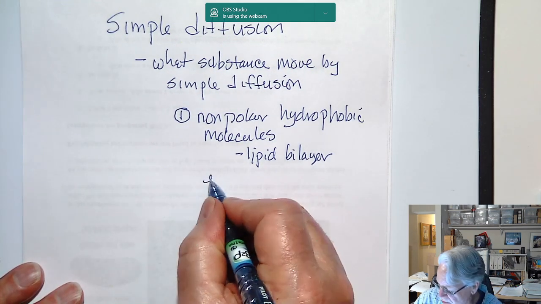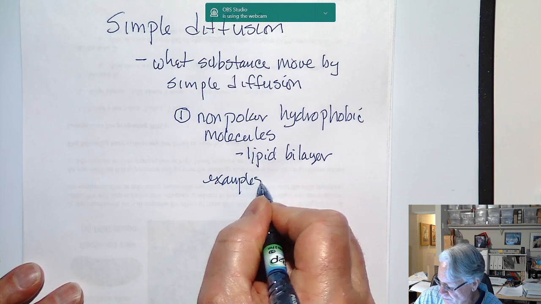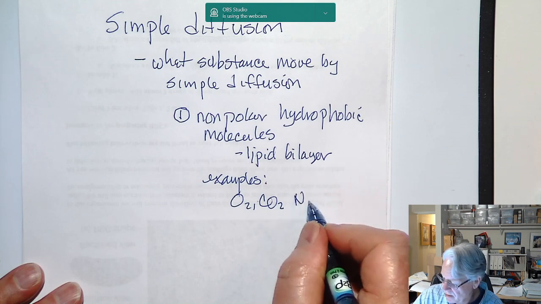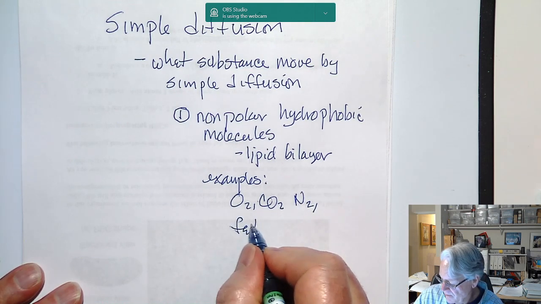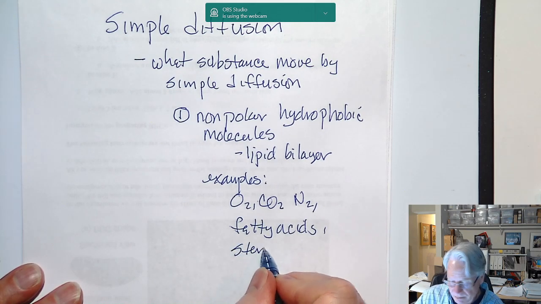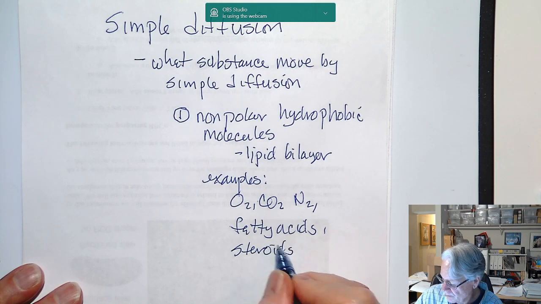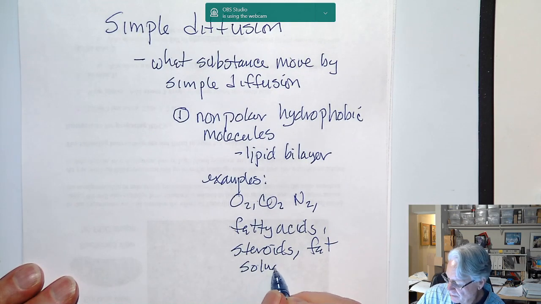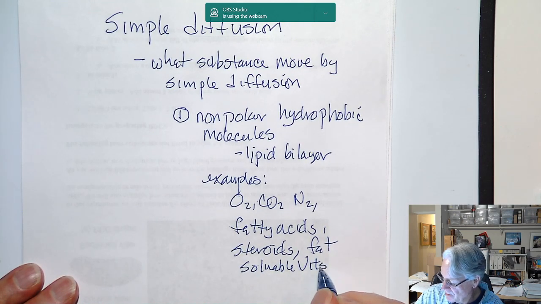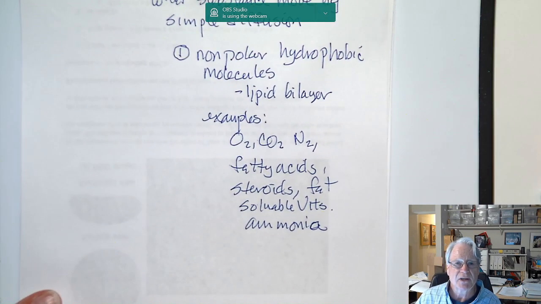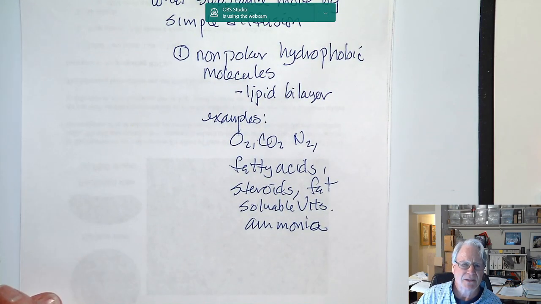Some examples are oxygen, carbon dioxide, nitrogen, fatty acids, steroids, fat-soluble vitamins, ammonia. I'm not giving you a complete list, enough to give you a sense of what we're talking about. So nonpolar hydrophobic molecules.